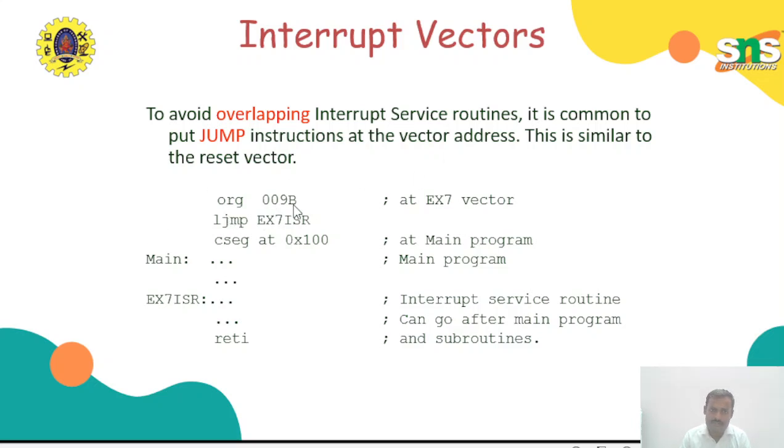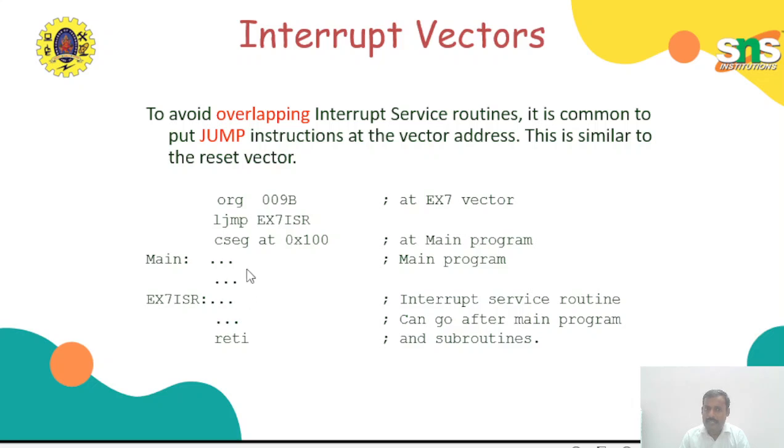Origin 009B, we are jumping with LJMP to the external interrupt ISR. That location is jumped to and then the program is executed. This is the EX7 ISR, so LJMP goes to this interrupt, where we have the interrupt service routine program. After completing the interrupt service routine program, we have the instruction RETI. Once RETI executes, it goes back to the main program.